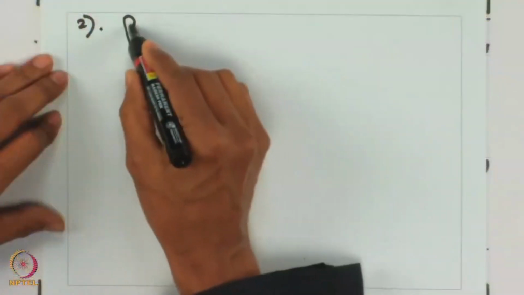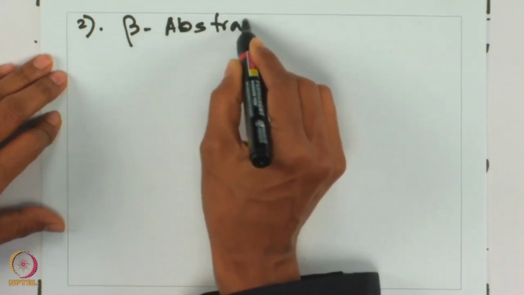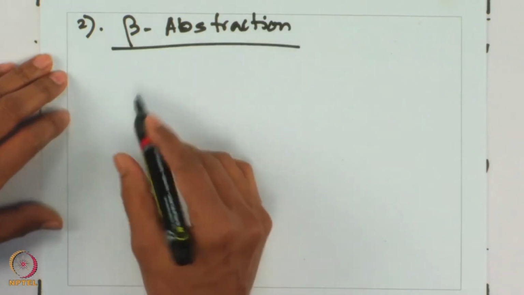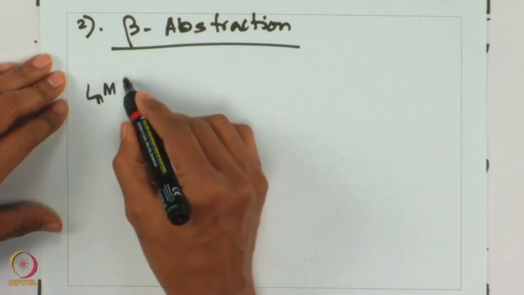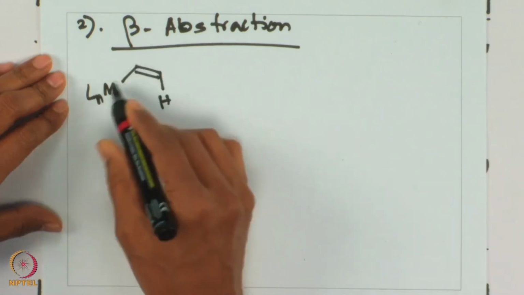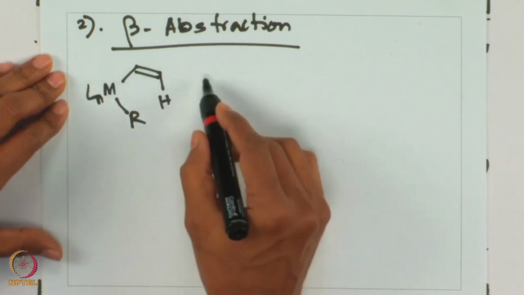Okay. Another important thing that can happen is the beta abstraction. Well, that is a very novel technique reported by Buchwald in 1993 in a Science paper, where ligand metal is reacted with olefin to form a ligand metal alkynyl and alkyl intermediate together.